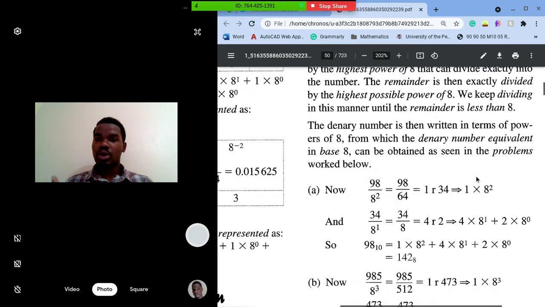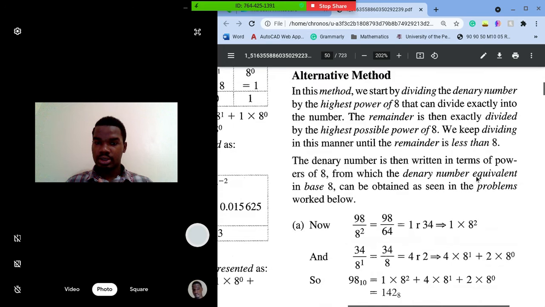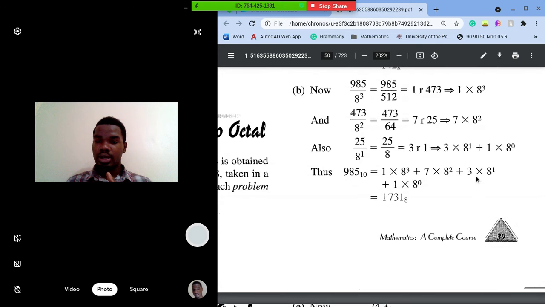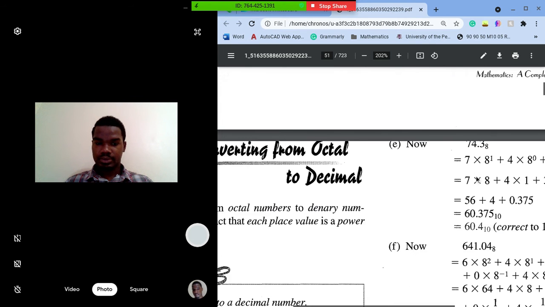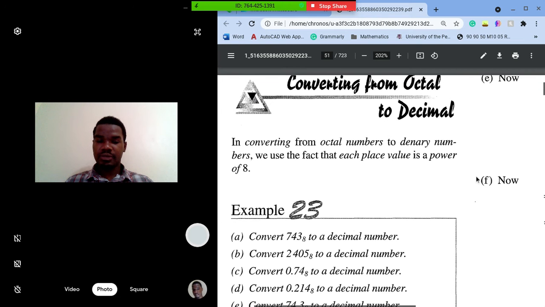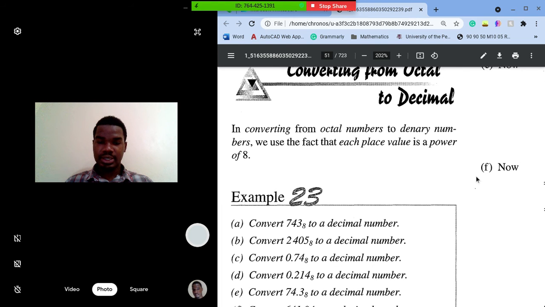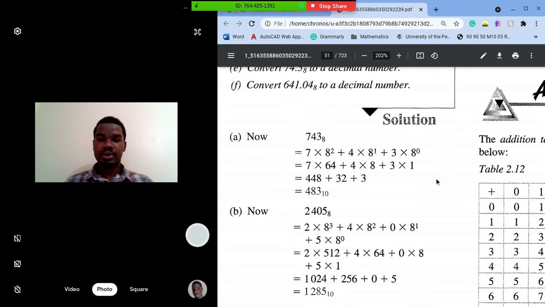So now we know how to convert from decimal to octal. Let's quickly convert from octal to decimal. What if we have 743 base 8 that we must convert to a decimal number? Look at this one, everybody.